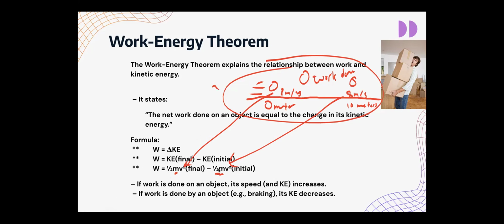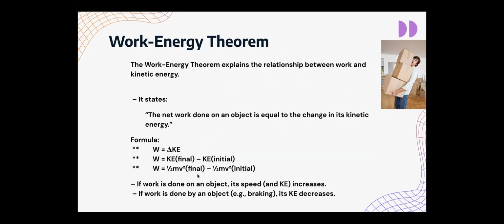There hasn't been any work done to that ball to change that velocity. So technically there's no work that has been done on that ball. If work is done on an object, its speed would increase, or if work was done by an object, its speed would decrease, correct? It's just looking at the velocities, the final kinetic energy and the initial kinetic energy.